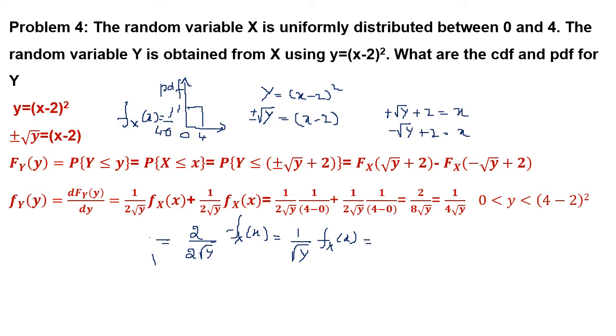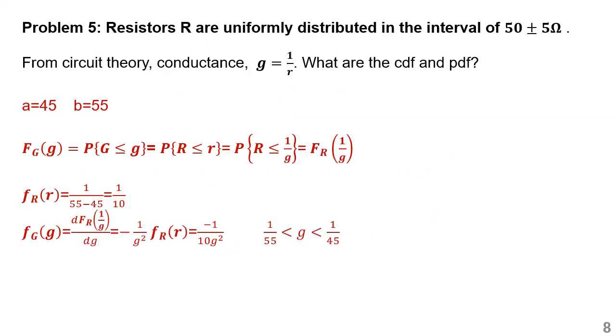So I can write this as 1 divided by root y times 4 minus 0. That gives you 1 divided by 4 root y, and that is defined for all values of y varying between 0 to 4 minus 2 whole square, because it is given as x minus 2. X can take maximum value 4. So 4 minus 2 whole square.